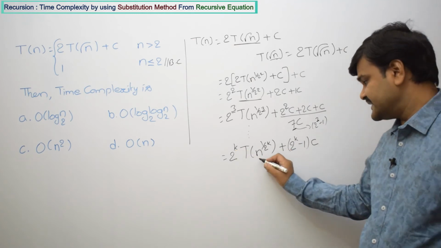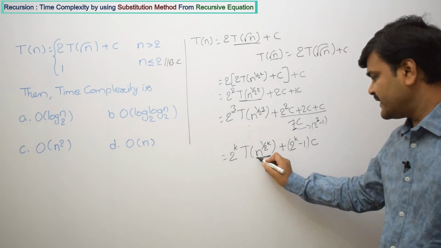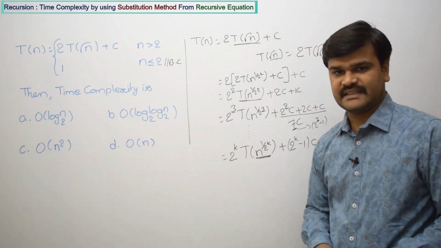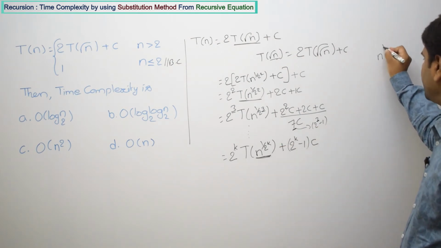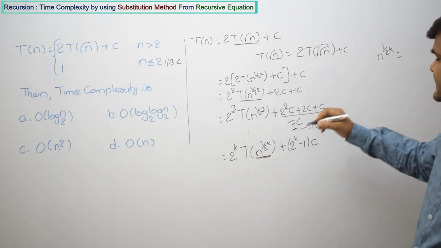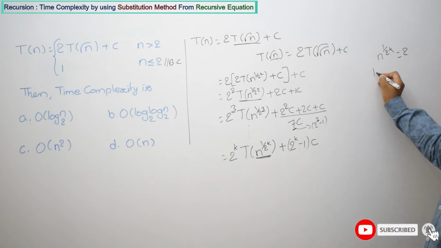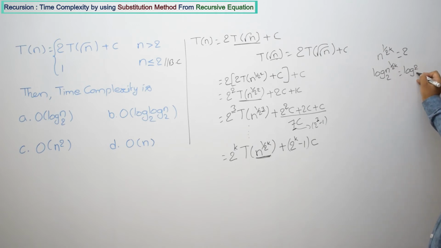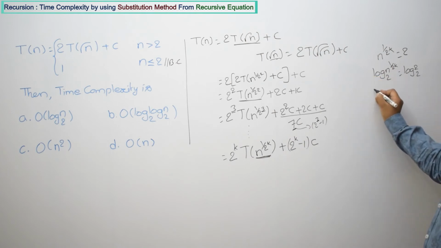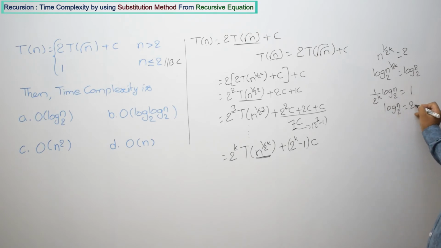Now assume that this has reached the base condition. As in the earlier example we already saw, assume the value here is 2. So assume n power 1 by 2 power k is equal to the base condition 2. We solved this in the earlier question, but let us see it quickly. If you take log base 2 on both sides, log n base 2 times 1 by 2 power k equals log 2 base 2, which is 1, so log n base 2 equals 2 power k.